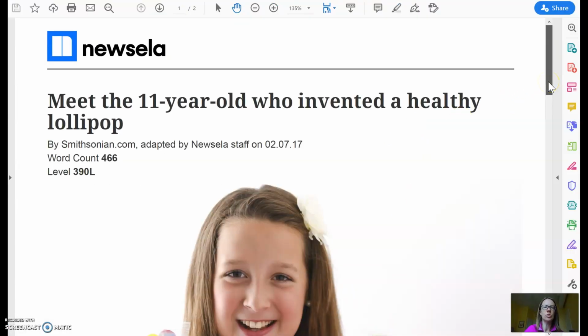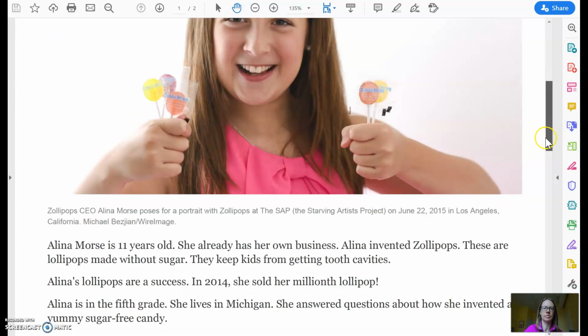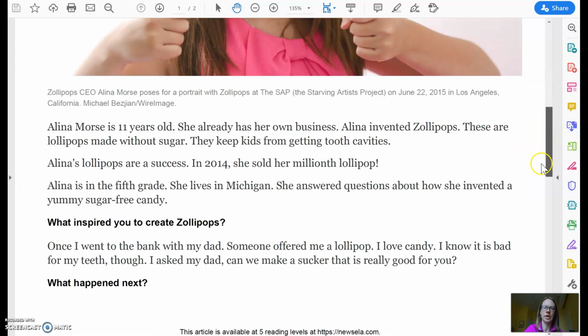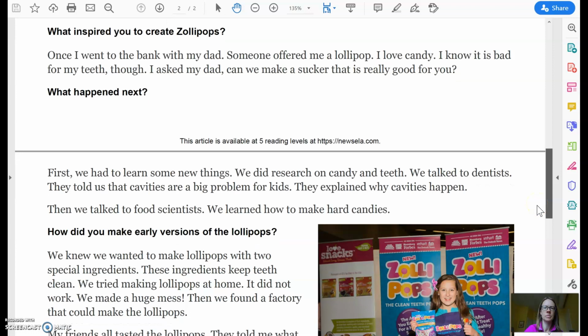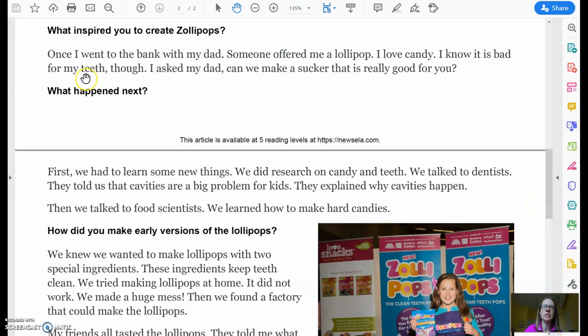Meet the 11-year-old who invented a healthy lollipop. We read this part already. We're going to start from here as we think about how Alina made lollipops. Please read from here to yourself.